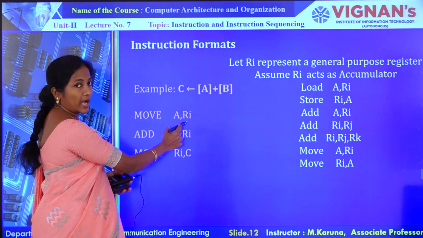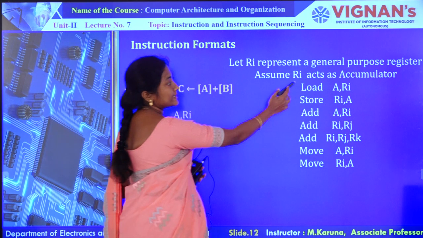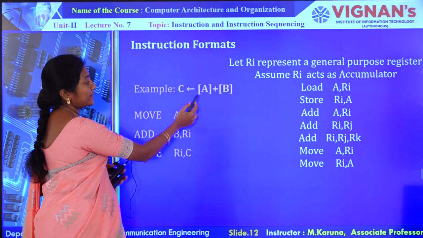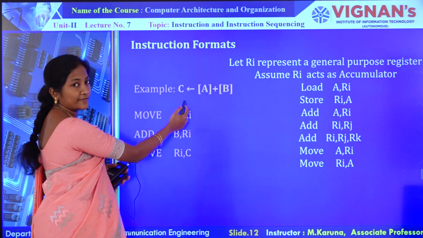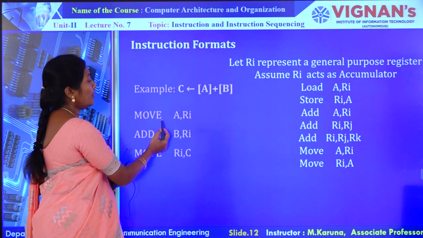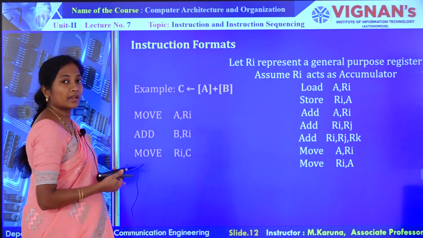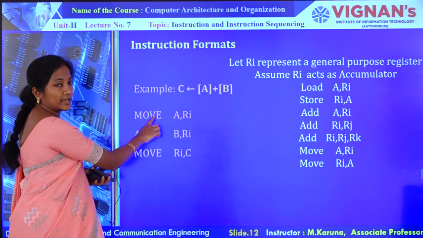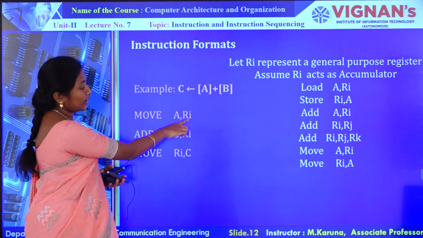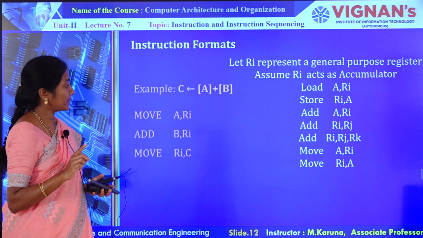Move A comma Ri. Here Ri acts as accumulator. Now to perform A plus B, with output to be transferred to C memory location. So here move A comma Ri transfers data from the memory location pointed by A to the accumulator Ri.